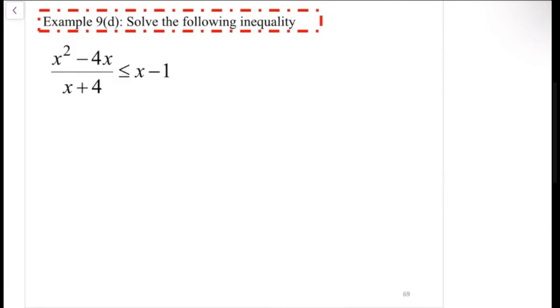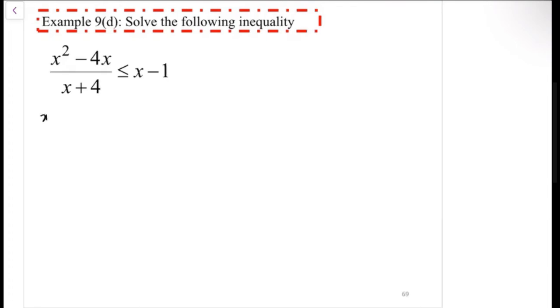Okay, so 9D, we have x squared minus 4x over x plus 4 at most x minus 1. So ikut guideline tadi. First step, right hand side 0. Make sure single fraction. Make sure linear factors. So that's why I'll do here. Okay, first step, bring everything to our left side.